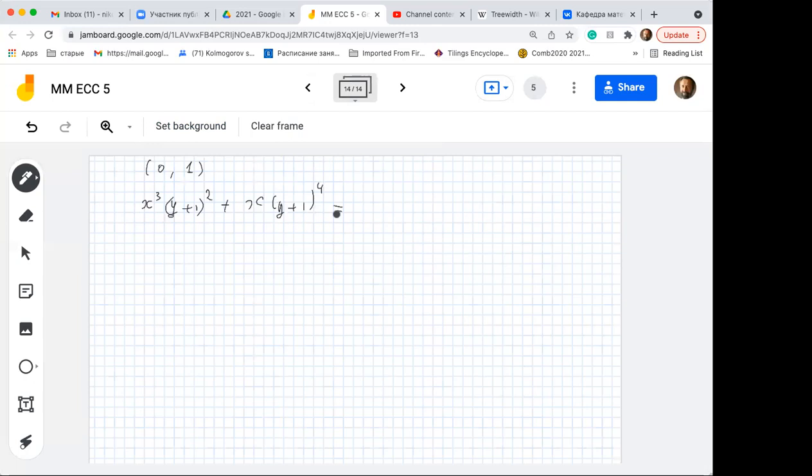And now we see that this polynomial has no terms of degree 0, no constant terms, and also no linear terms. Is it true or not? No, it seems that it also has a linear term x plus something.